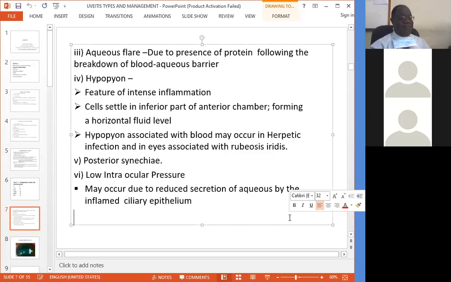And once it's stuck, it disturbs the movement of the aqueous. Production is occurring in the posterior chamber, and the movement gets disturbed if there is synechiae. Are we clear on that aspect?